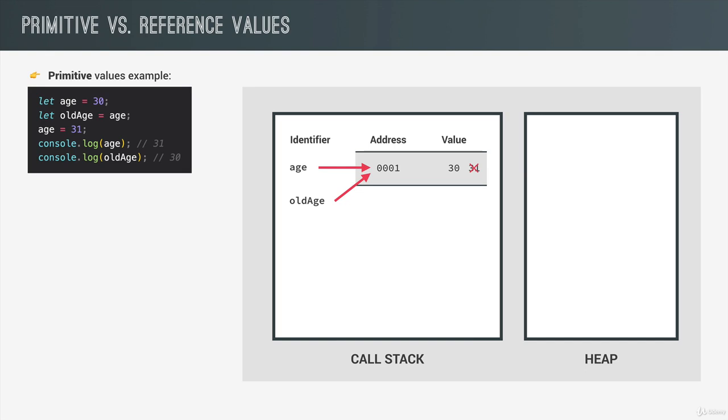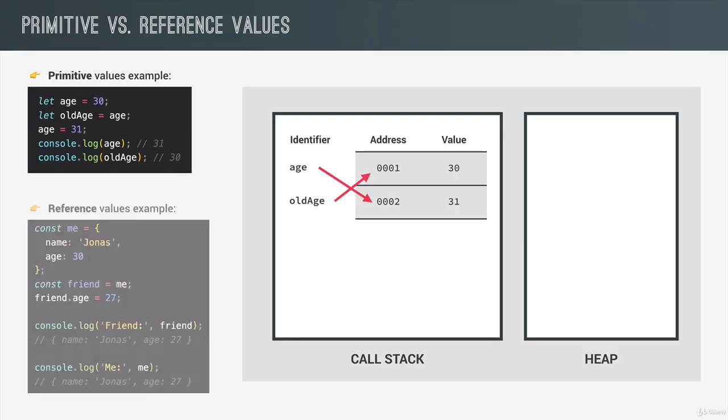So instead, what's going to happen here is that a new piece of memory is allocated, so is created, and the age identifier now simply points to the new address, which is holding the new value of 31. Alright, and that's why when we log both our variables to the console in the end, they both return exactly the values that we expect.